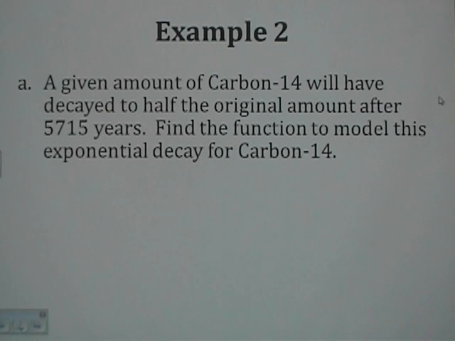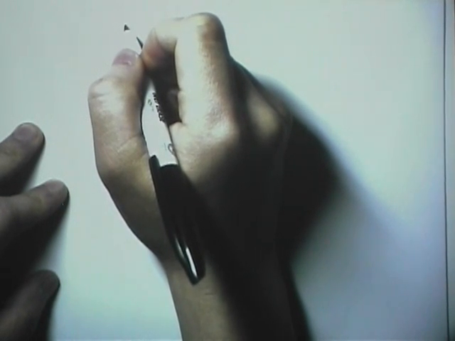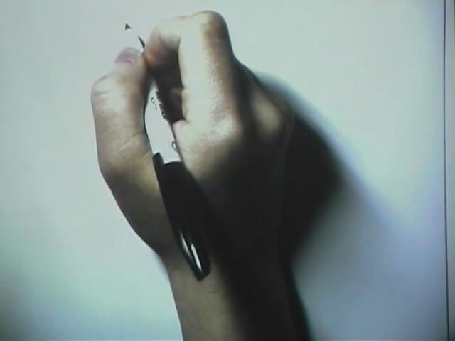And I'm going to switch back to my document camera here. And so what I see here is that in the way the problem is written, the meaning of the 5,715 years right there, that is our half-life.